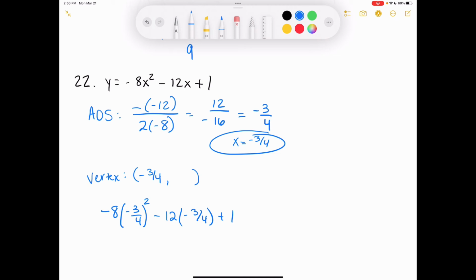So I'm going to copy down my negative 8. Then in here, negative being squared makes that positive, so that negative sign is gone. Okay? 3 squared is 9 over 4 squared is 16. Now, when I get to this part, I have a negative and a negative being multiplied, so that's going to be positive.